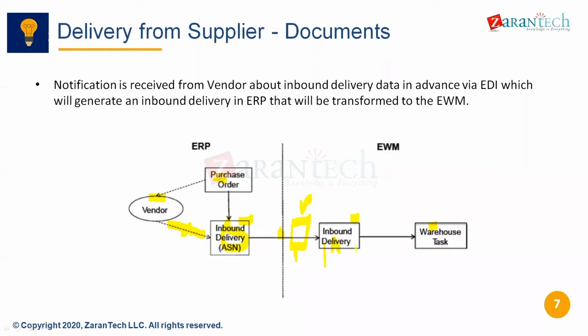One more challenge is, when a vendor supplies the material, they pack the material at their location, right? So they are sending the packing instruction via PO, IDoc or EDI. When they send the packing instruction through EDI, how do they manage master data at the EWM level?